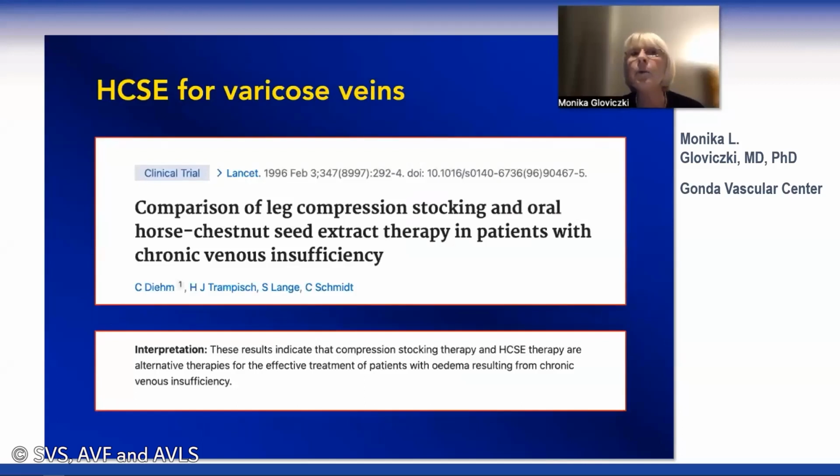Another example for horse chestnut, we found the interesting study comparing leg compression stocking and horse chestnut therapy in patients with chronic venous insufficiency.